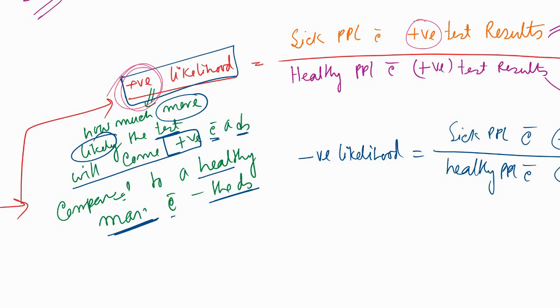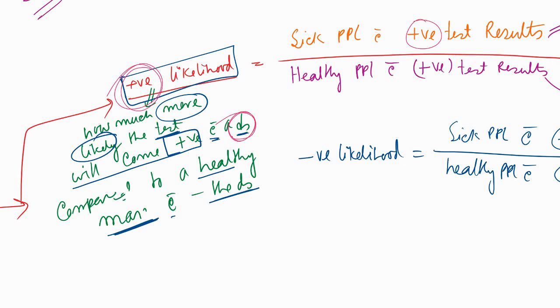You apply the test to person A and person B. There is a certain chance, obviously not 100%, like 90% or 80%, that the test will be positive in the diseased person. And there is a certain chance that the test will be positive, not negative, in the healthy person.